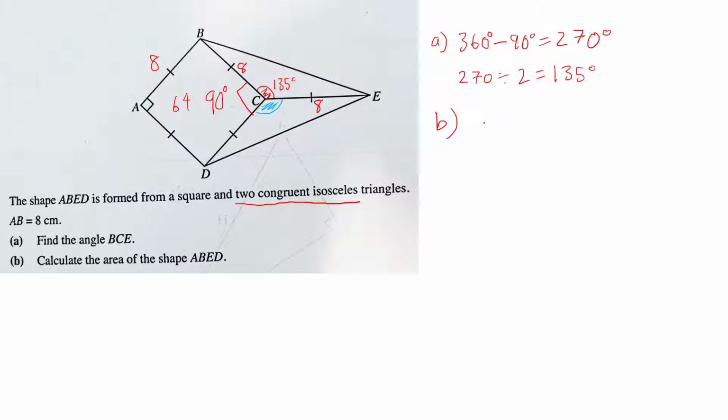All you have to do is use your half AB sine C to find the area of this triangle. Then you times 2. Then you add up to the square. So this one you times 2, then you add the 64. 64 is the square. Then you will get your answer.